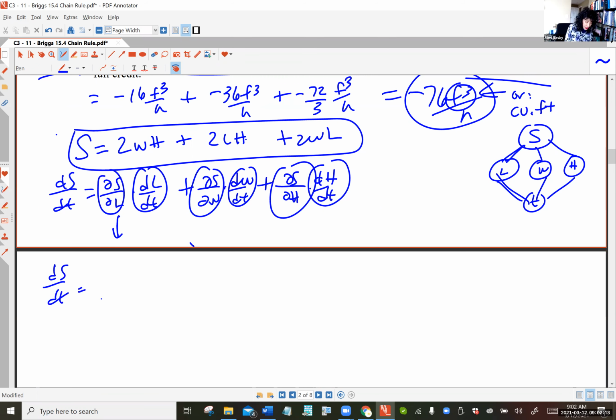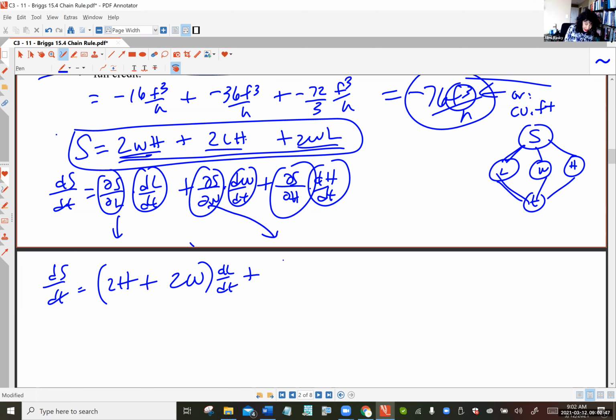And this is going to be a little bit harder than the volume. Why? Well, because if you look at this big old sum, if you're going to take the partial of that with respect to L, that means you're going to hold W and H constant. So the derivative of 2WH with respect to L is 0 because there's no L's in there. And then the derivative of 2LH with respect to L is 2H. And the derivative of 2WL with respect to L is 2W. And then you'll multiply that by dL/dt.